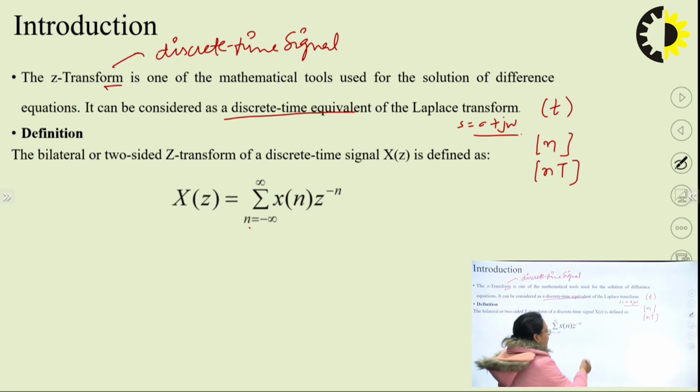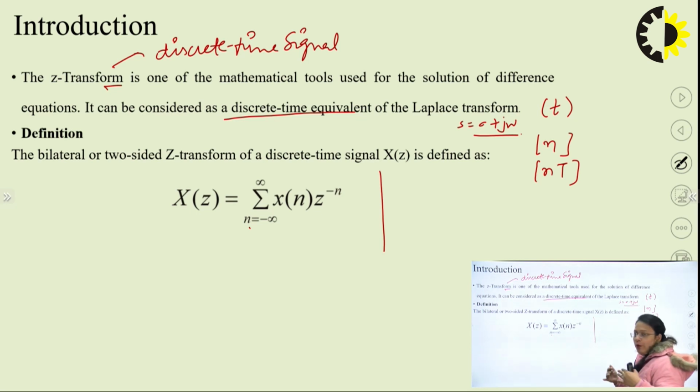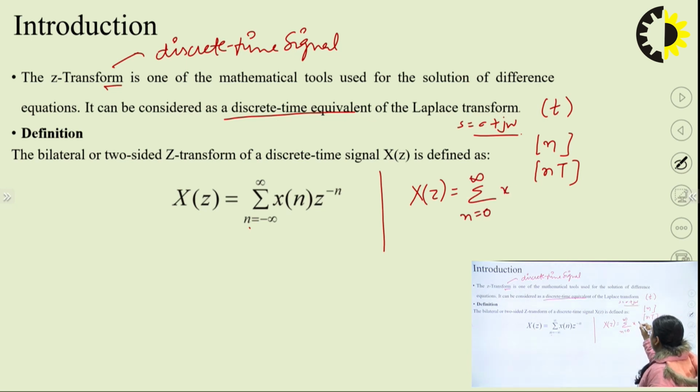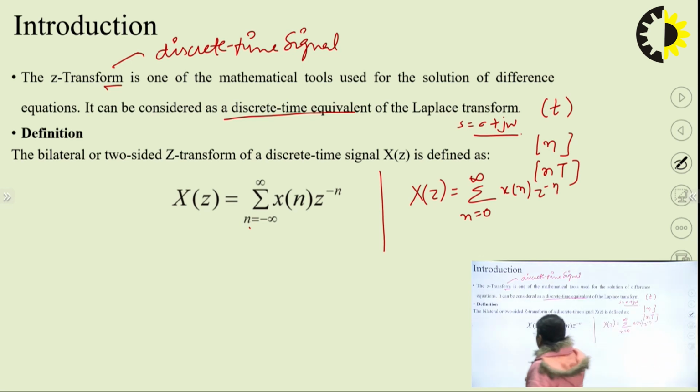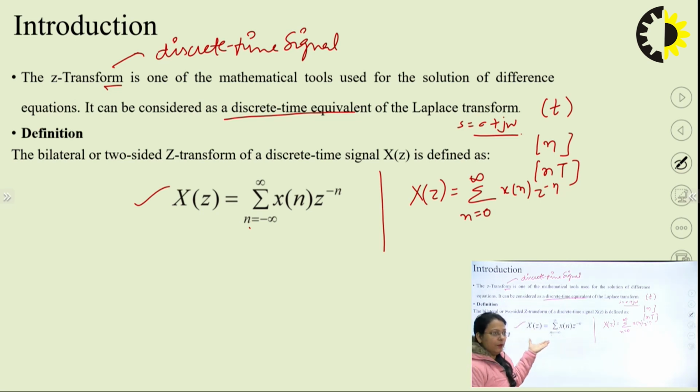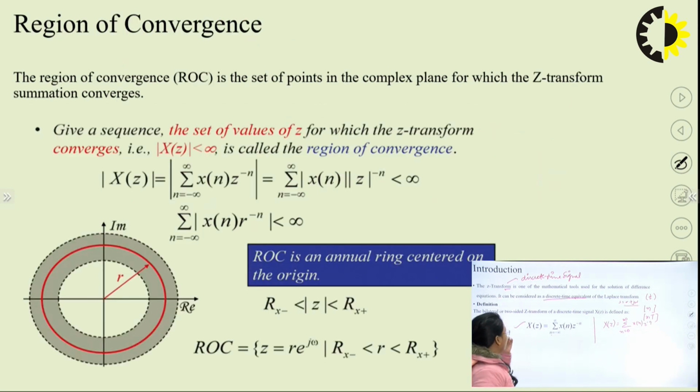For a single-sided Z transform, or for a causal system, the definition is X(z) equals the summation from n equals 0 to infinity of x[n] z to the power minus n. In the case of the Z transform, mostly we just have to learn this formula and we can easily solve the questions based upon it.